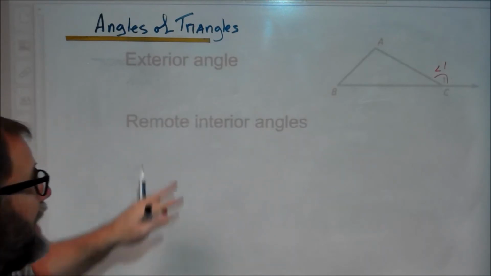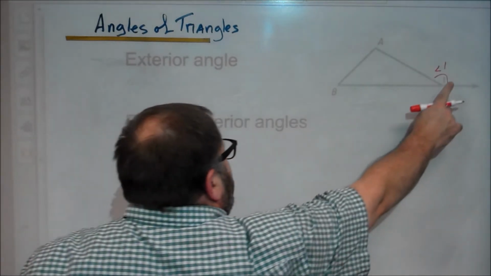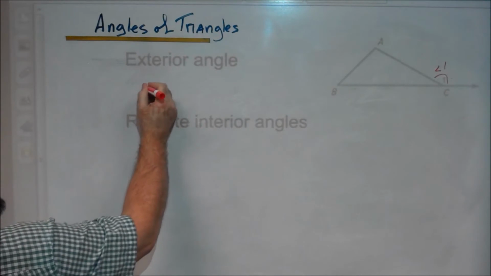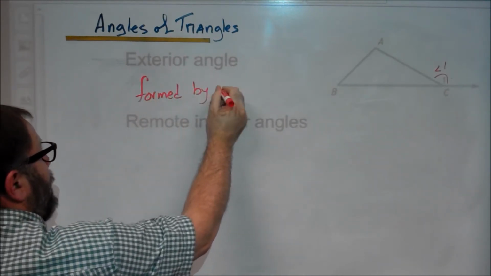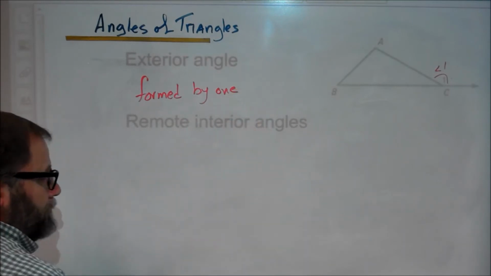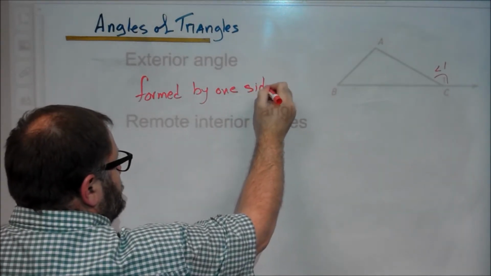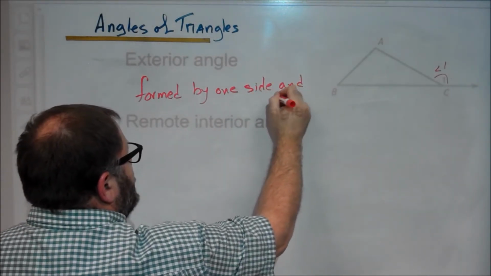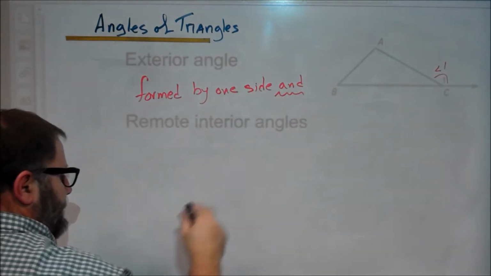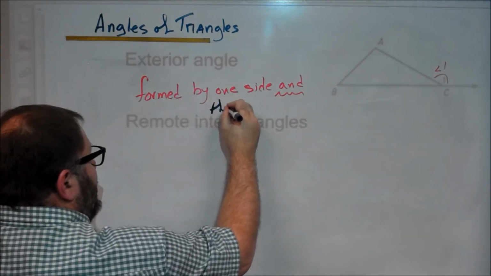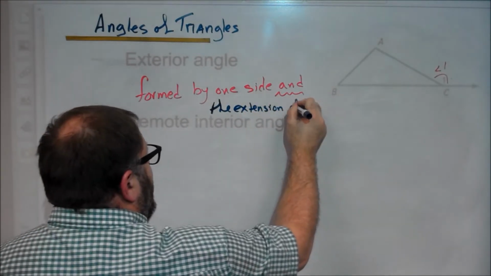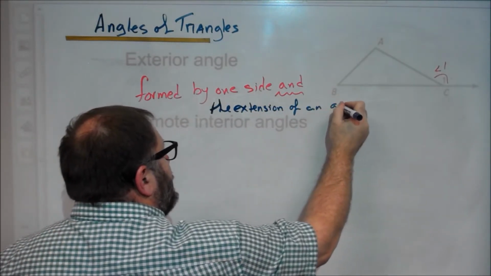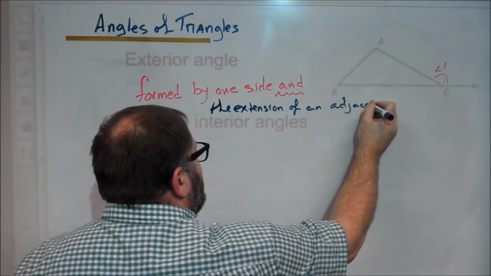Excuse me. So an exterior angle is an angle that gets formed by one side and the extension of an adjacent side.